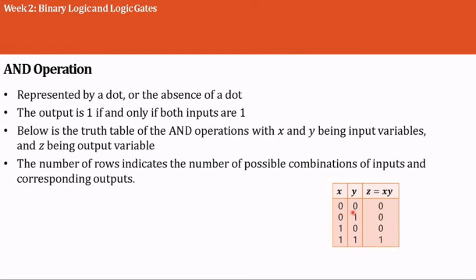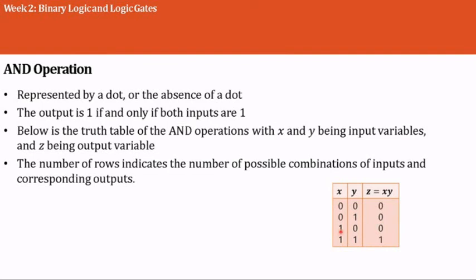Let's say we have here X is equal to 0, Y is equal to 0. Therefore, our Z is equal to 0. Let's say the value of X or the input is 0 and Y is equal to 1. Therefore, X and Y is equal to 0.